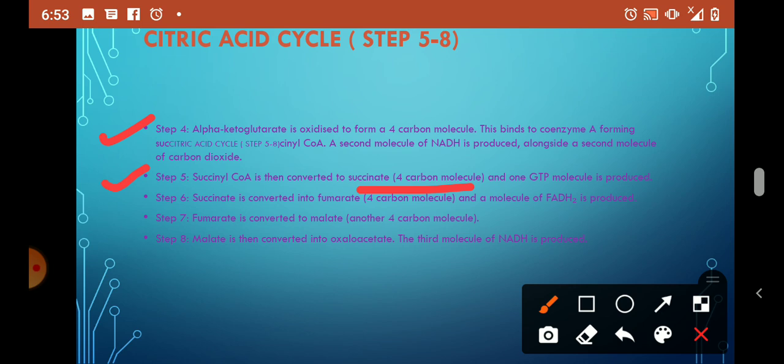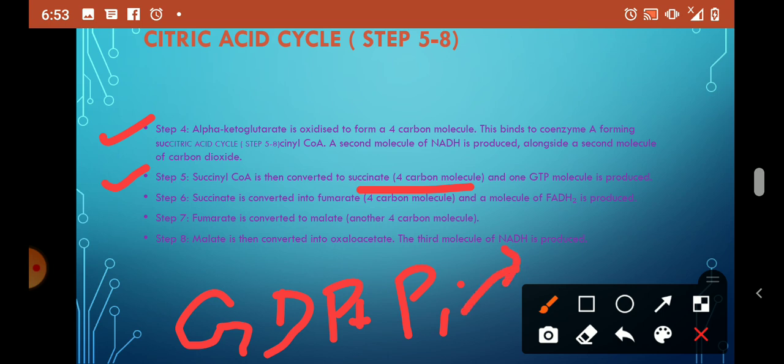In that reaction, one GTP molecule is produced. GTP, guanosine triphosphate, is formed by GDP plus one inorganic phosphate. Then this GTP phosphorylates ADP into ATP, so from GTP we get ATP.